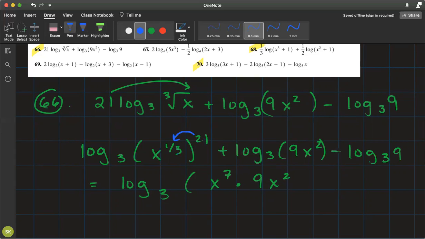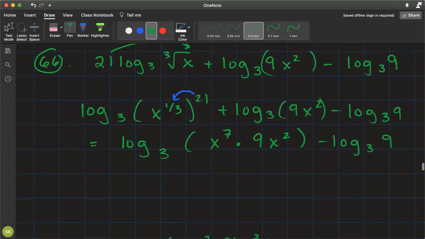Remember, laws of exponents, 21 divided by 3 is 7. And because I have a plus sign here, I'm multiplying. Minus log base 3 of 9, and now I'm going to take all of this and divide by this 9. So this is log base 3 of x to the 7th times 9x squared, over 9.